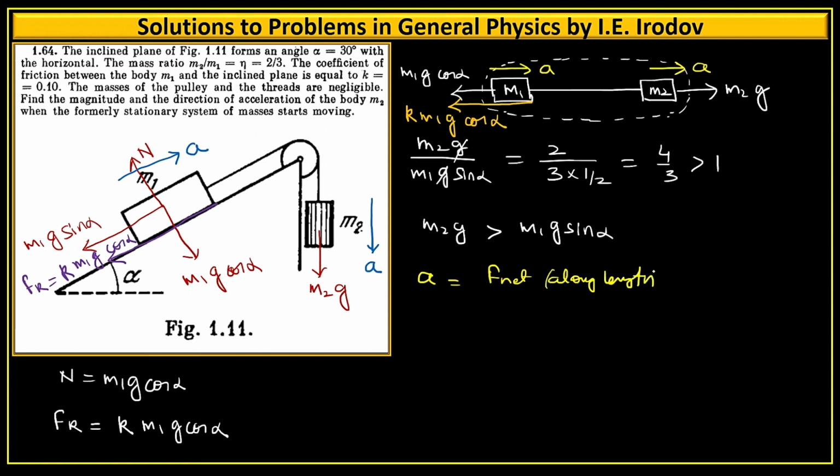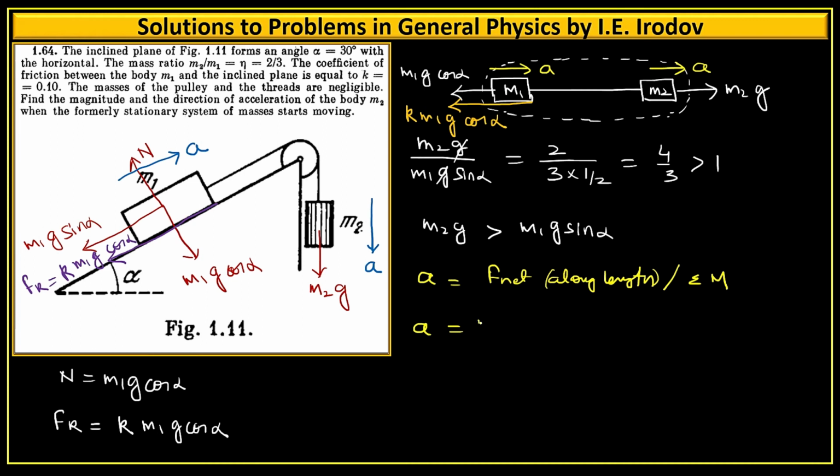divided by total mass. And the benefit of taking the combined system is that we don't have to write two equations. Tension will not be needed, otherwise there would be tension, and then we would have to eliminate tension, so we can do it directly. And now for f net along length, always take the direction of acceleration positive.